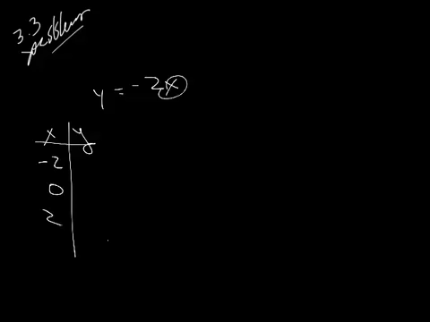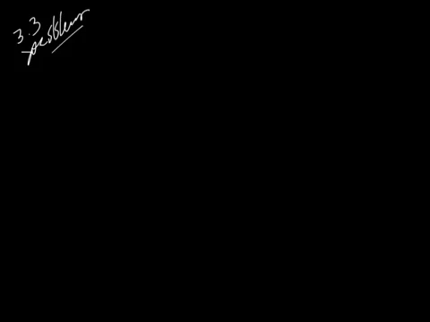Plug that negative 2 in here for x, plug the 0 in, and then plug the 2 in and see what you get. And put those numbers right there, just like we did in the other lessons, or in the exercises. And then graph it. You should have 3 points.